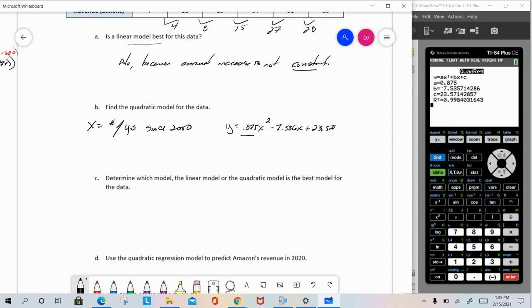Now I went 3 decimal places with the A, so I went 3 decimal places with the B and C as well. Determine which model is better for the data. Okay, I believe we talked before about the R value. The R is 0.998, which is closer to 1 than it would be for the linear.